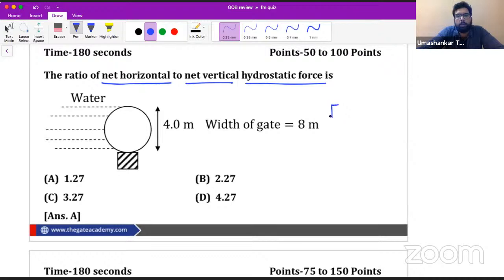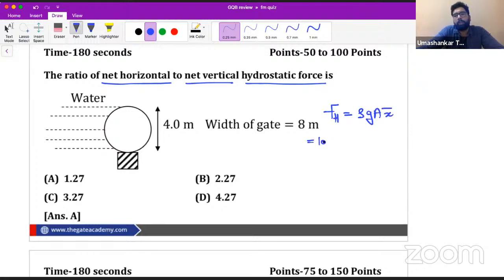Let's see the horizontal one. Horizontal force is the hydrostatic force on the projected area of this curved surface in the vertical plane. I hope we know it. So basically it is rho g A x bar.